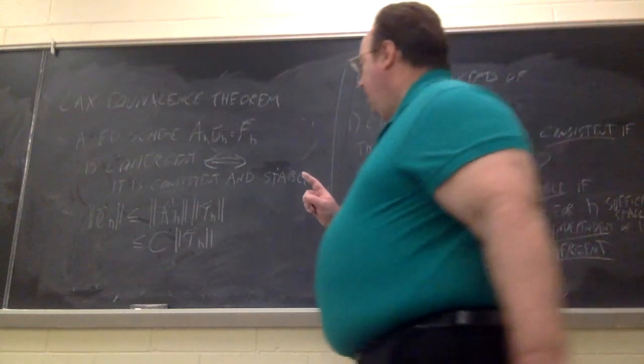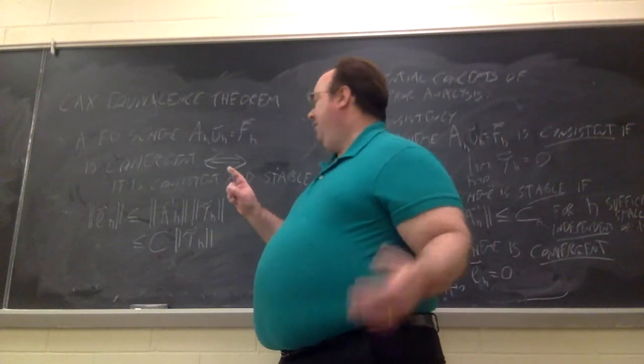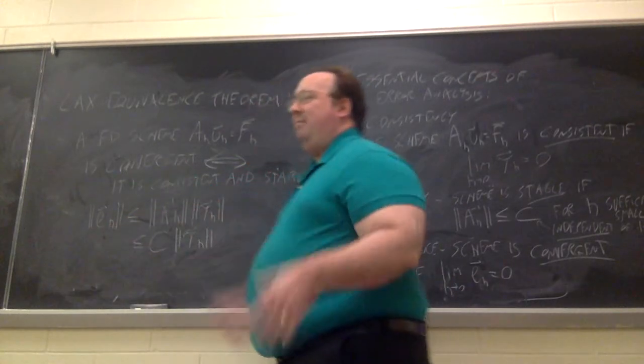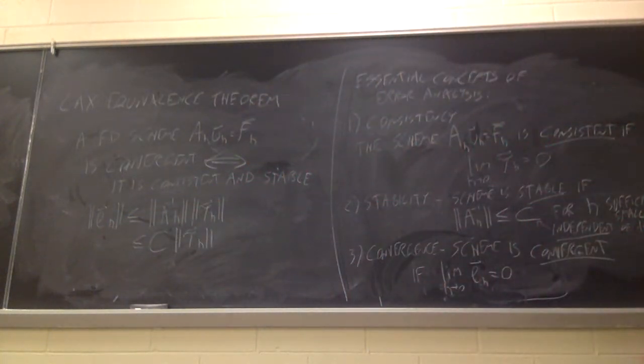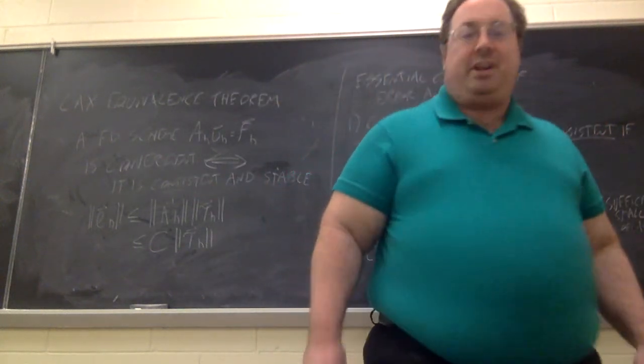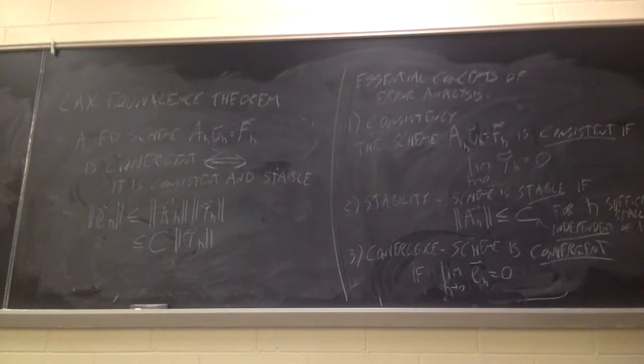So now if you say it's consistent, therefore this goes to 0, that must go to 0 also. Bam. That's a proof of one half. That if it is consistent and stable, it is convergent. I'm not going to do the other half because we only have half a semester.